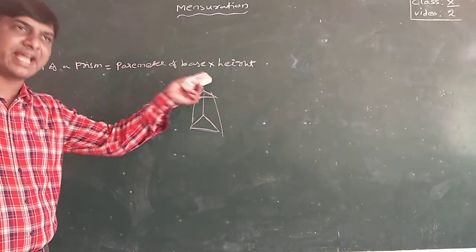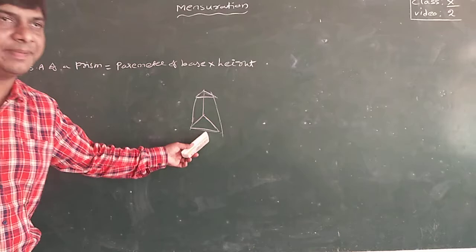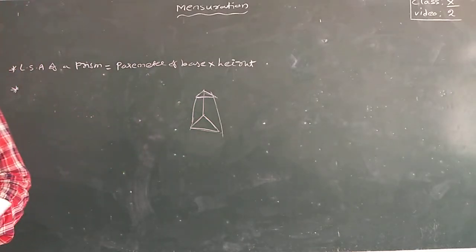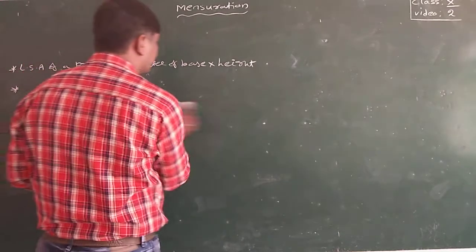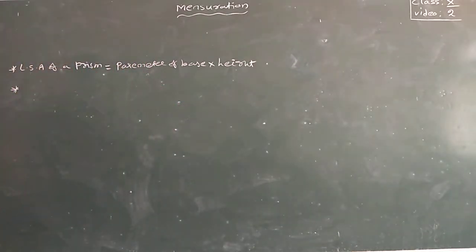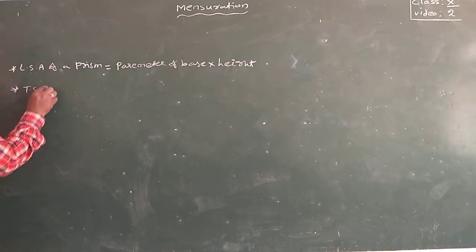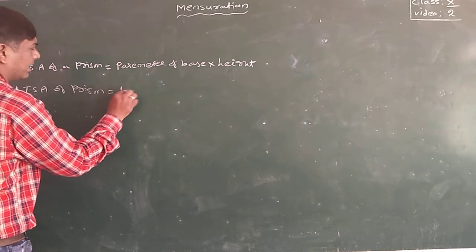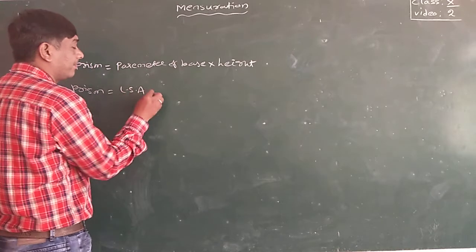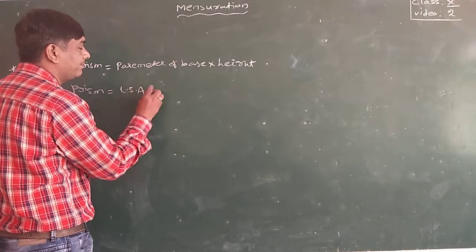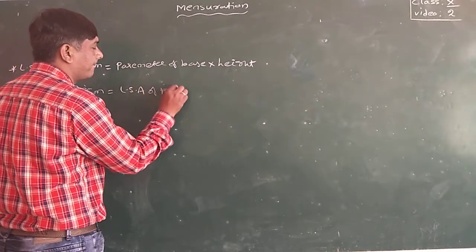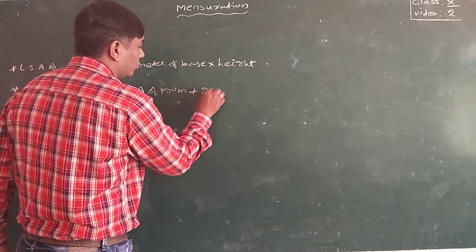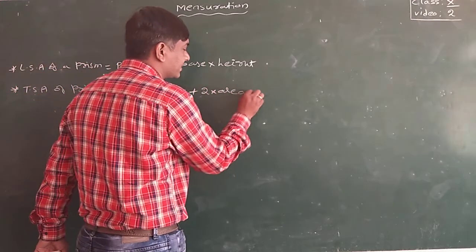If a triangular base is there, there is a triangular top only. If a square base is there, there is a square top only. So TSA of the prism is LSA of the prism plus 2 into area of the base.